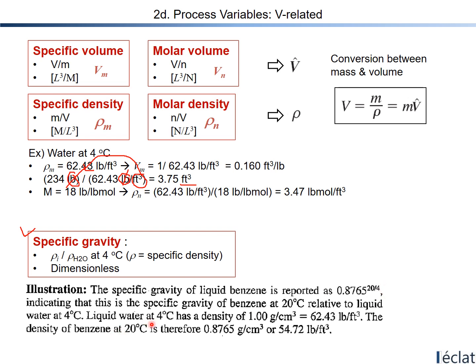So liquid water at 4 Celsius degree has a density of 1 gram per cubic centimeter, of course. And then the density of benzene at 20 Celsius degree is therefore just this value, 0.8765 gram per cubic centimeter, because the density of liquid water at 4 Celsius degree is 1.00 gram per cubic centimeter.